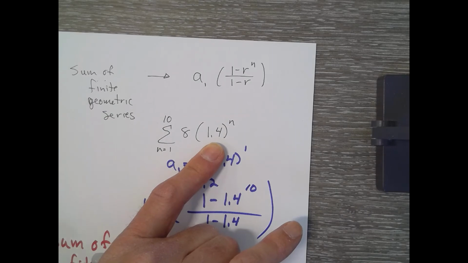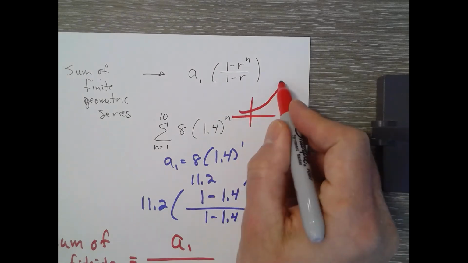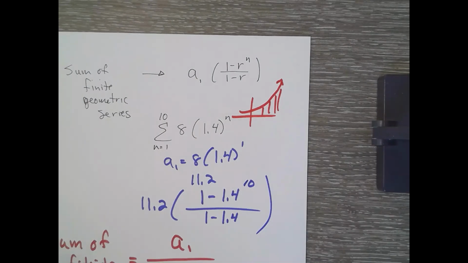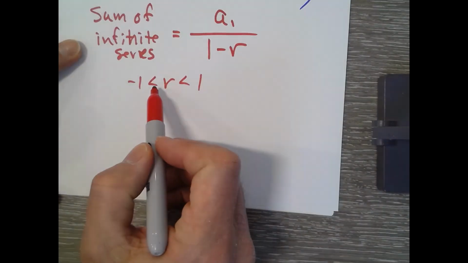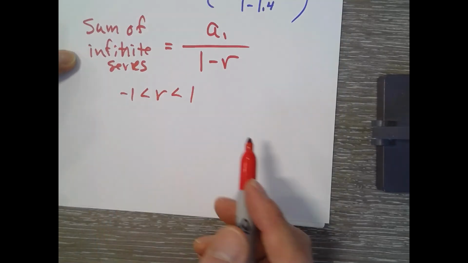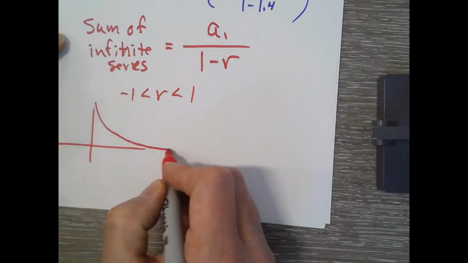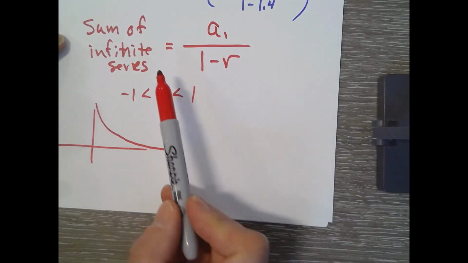Is this exponential growth or decay? Growth. If we're doing growth and we keep adding up terms, it's going to go forever. So our r has to be exponential decay in order for it to add up to a number. It goes down like this and approaches 0. In order for it to be decay, r has to be between -1 and 1.